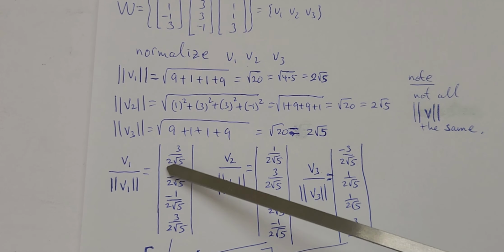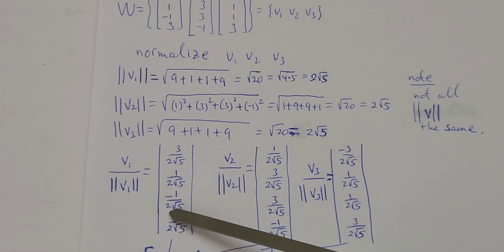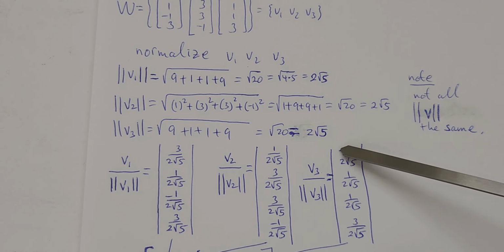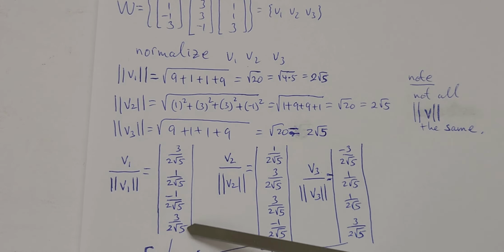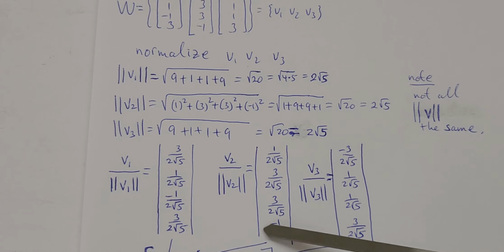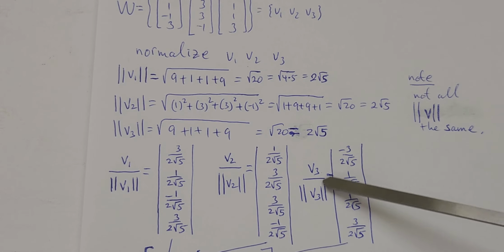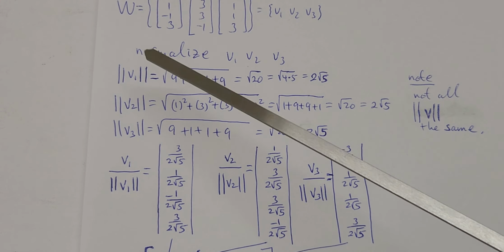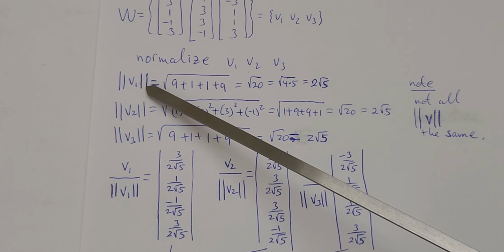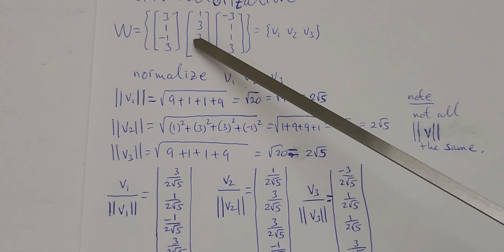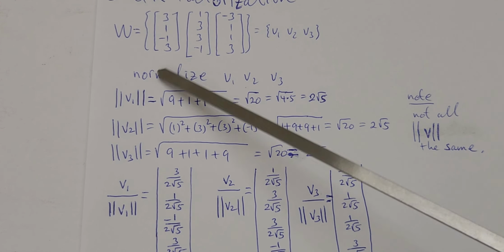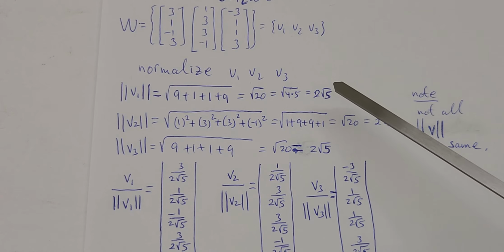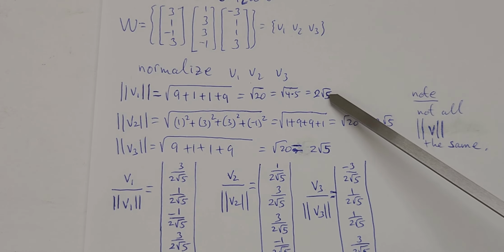This is the magnitude of V1. This is the magnitude of V2. This is the normalized V1, this is the normalized V2, this is the normalized V3. Be very careful. Again, this is the magnitude, which is just the distance of each of these vectors. Normalizing is taking the vector and dividing by its magnitude.